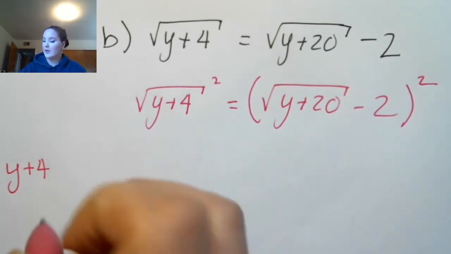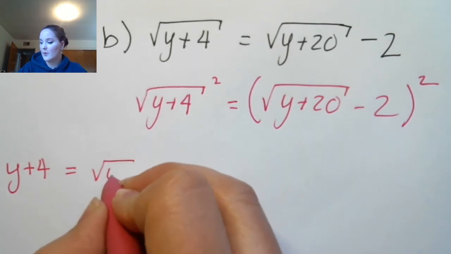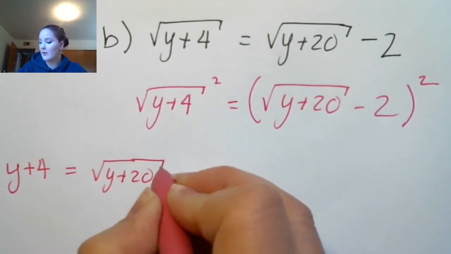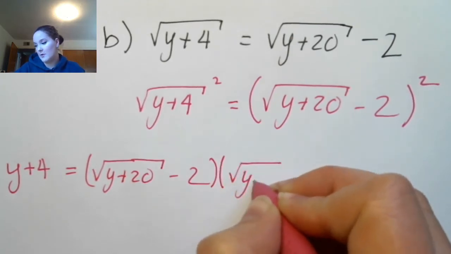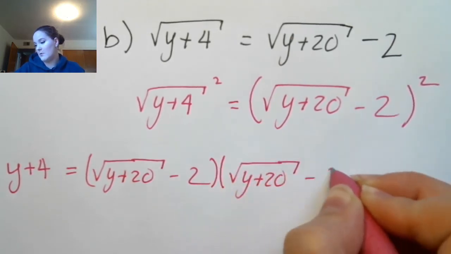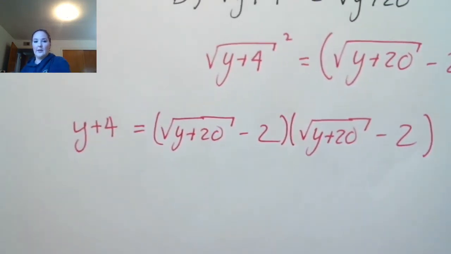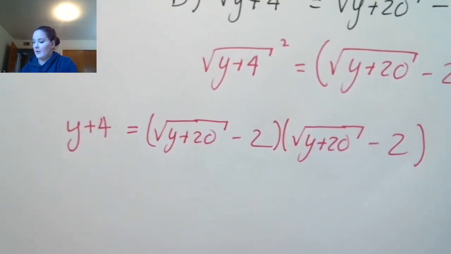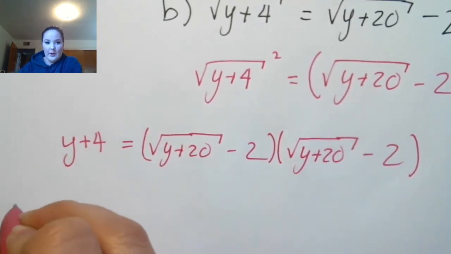Over here, we're actually going to write this out. So we'll do square root of y plus 20 minus 2 times itself. Now let's look at what I'm going to get. This is still going to be y plus 4.